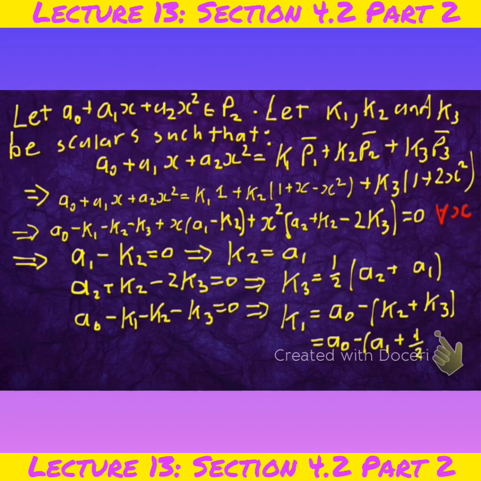It's going to be a half (a2 + a1). So clearly we've solved for k1 as a valid real number, k2 as a valid real number, and k3 as a valid real number.